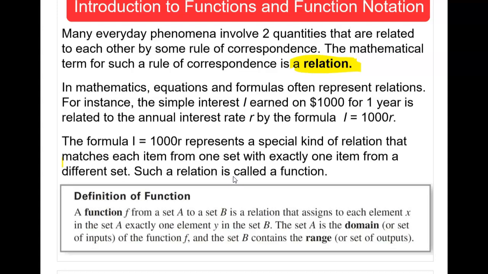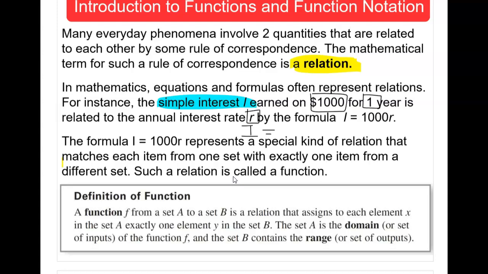For instance, we have an example here which is called the simple interest, and we denote that with the capital letter I. The formula to calculate the simple interest is going to be the principal, which will be the money, the $1,000, times the time, and then times the rate.